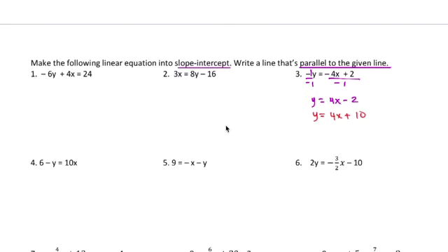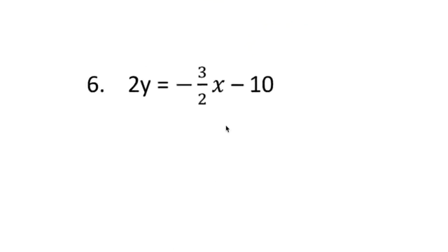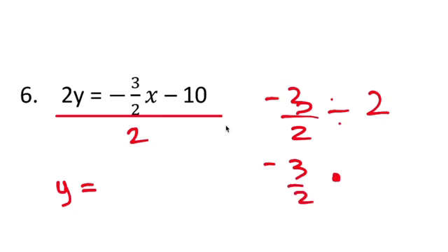And number 6. Divide everything by 2. Get y equals, okay, negative 3 over 2 divided by 2 becomes negative 3 over 2 times 1/2.